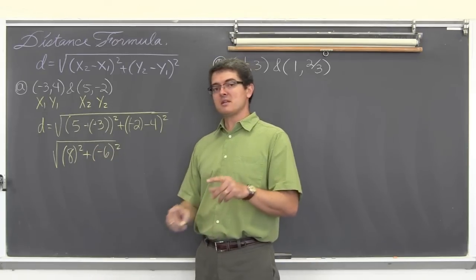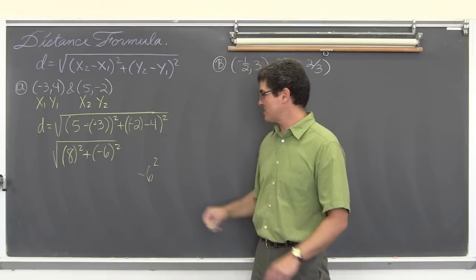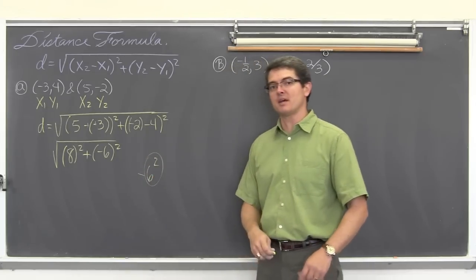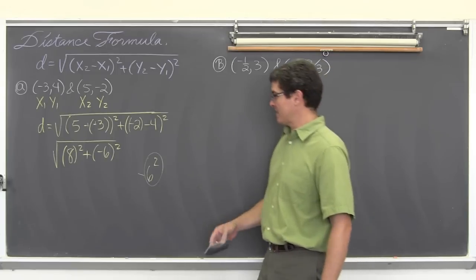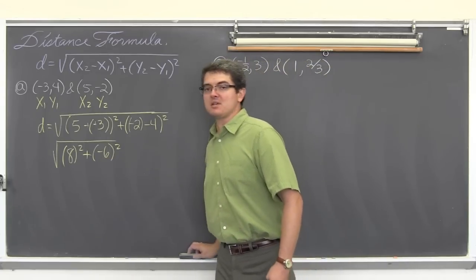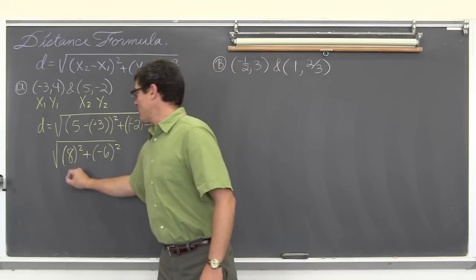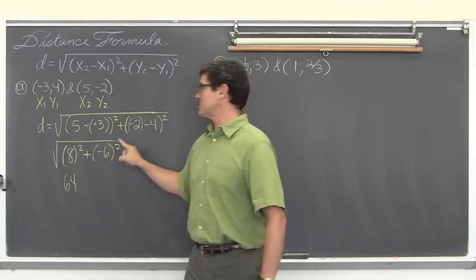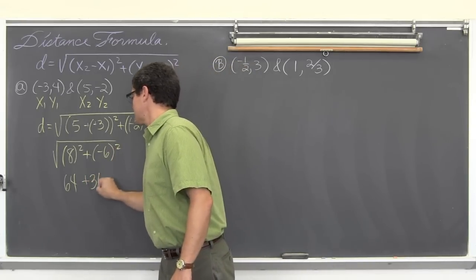Without these parentheses, -6 squared is -36, because the only thing you're squaring is the 6. Well, we're trying to square -6. So if you don't wrap that up in parentheses, it won't square the negative, and you will get the wrong answer. 8 squared is 64. -6 squared, -6 times -6 is positive 36.